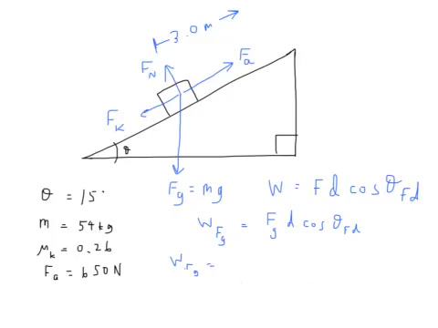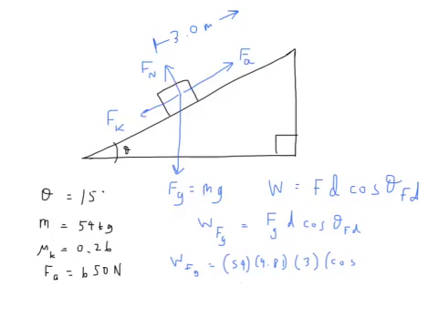For the force of gravity, we can plug in mass times 9.81, as we know. D is the distance traveled by the block, and in every single calculation, that's going to be the same, 3 meters.